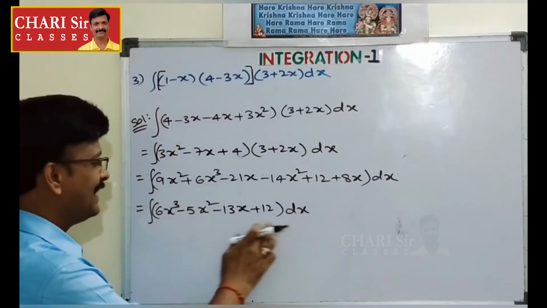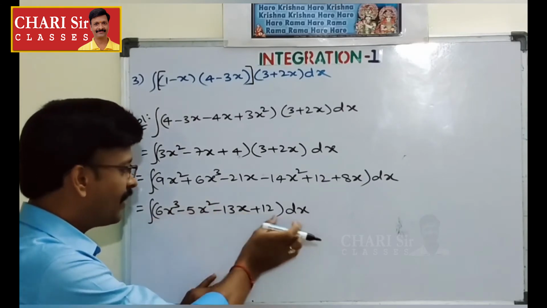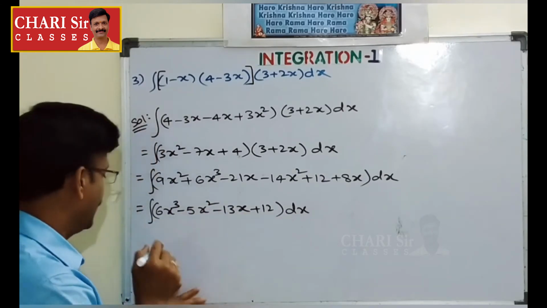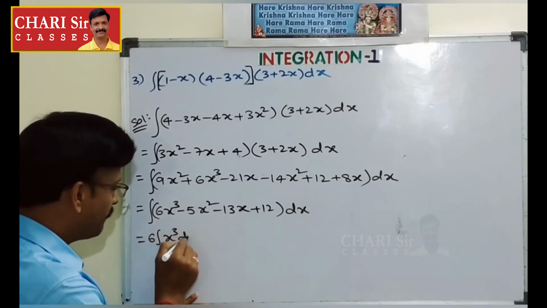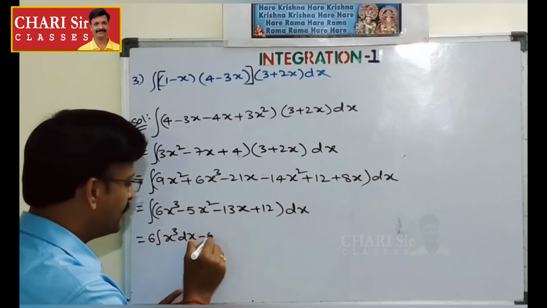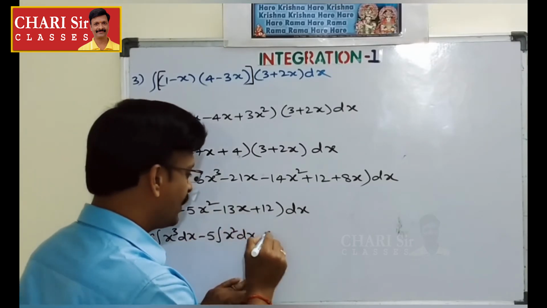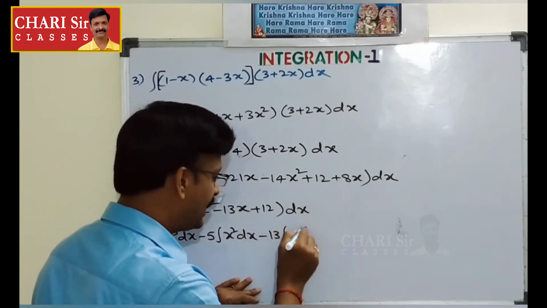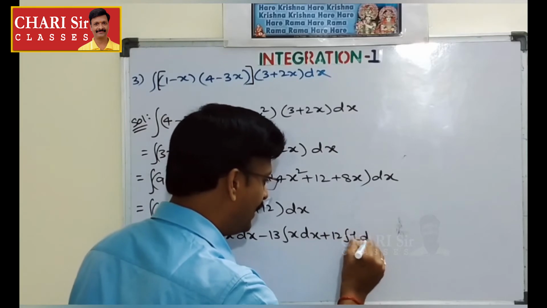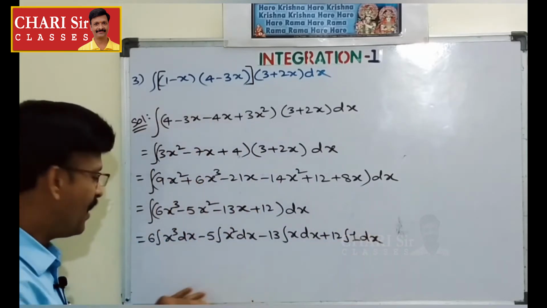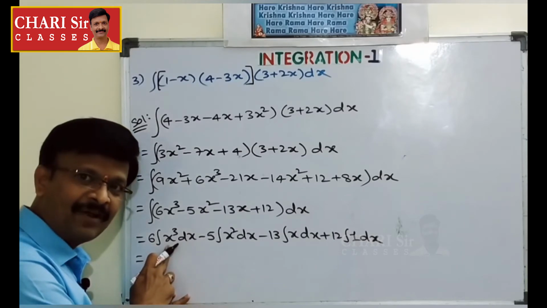Now everything is simplified, all the products we found. Now we take the integration for all these terms individually. That is integration of 6 (outside you put) and x cube dx, and minus 5 is the constant you can put outside and x square dx. Here minus 13x you can write minus 13 into x dx, and plus 12 is there, plus 12 outside and 1 dx, like this.